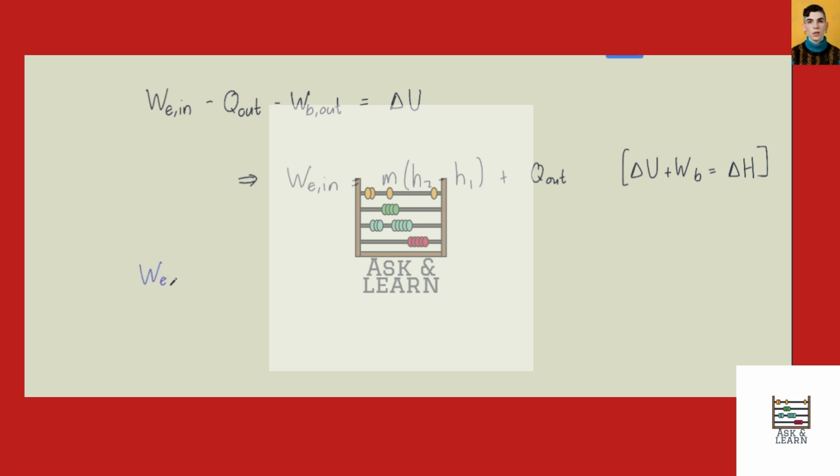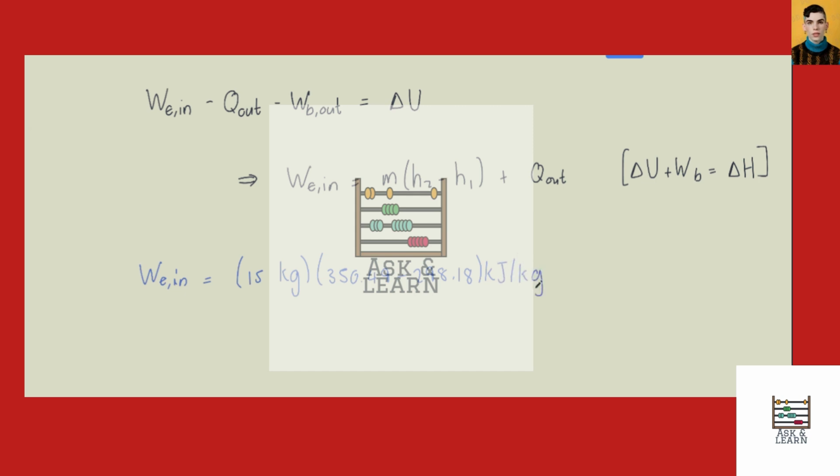The work done by the resistance heater, the electrical work done, is equal to the mass of air, which is 15 kg, times the change in enthalpy, which is 350.49 minus 298.18, and that's kilojoules per kg.